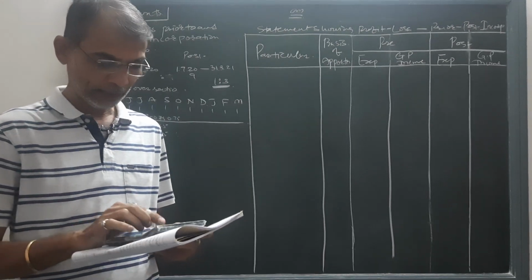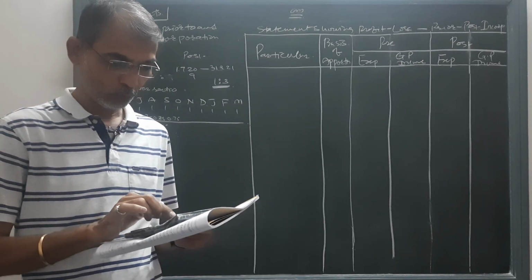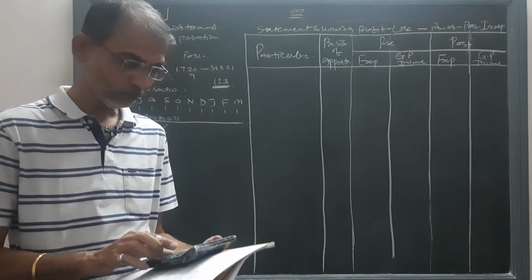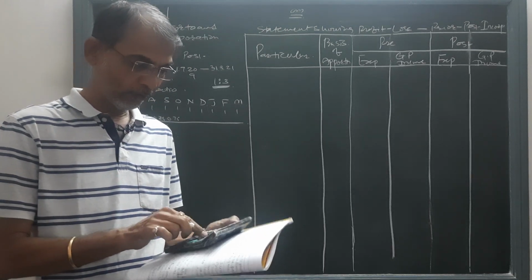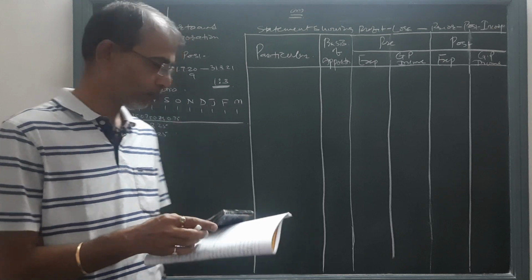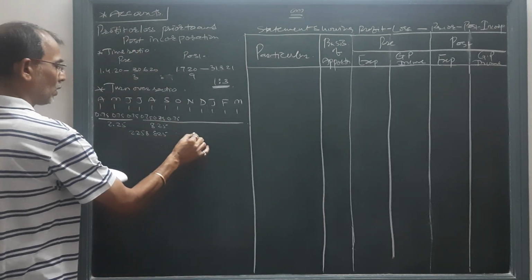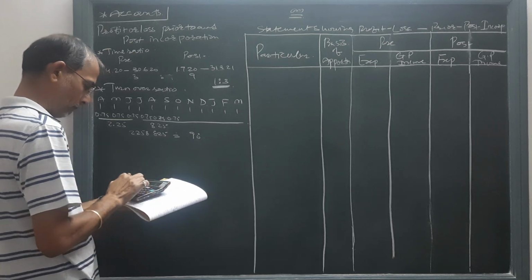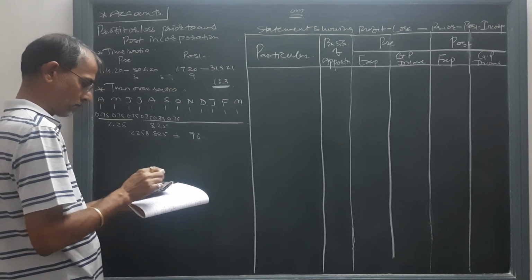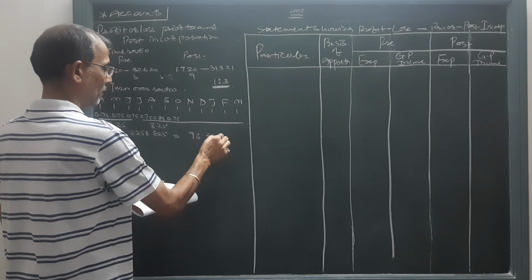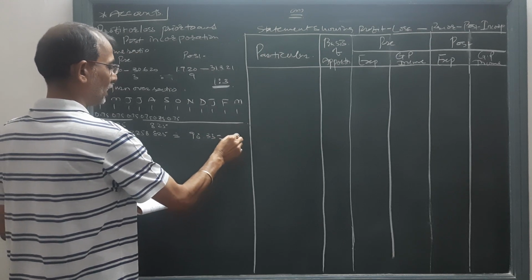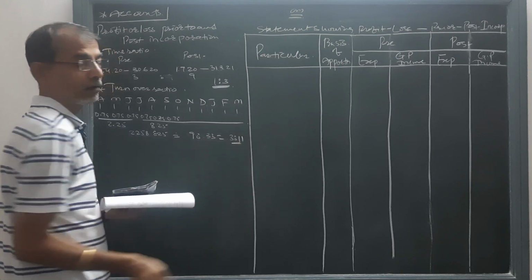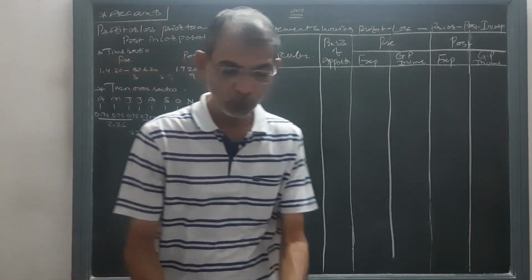If I divide by 25, 225 divided by 25 will be 9 and 825 divided by 25 will be 33, ratio 9 to 33, and that will be 3 to 11. The turnover ratio will be 3:11.